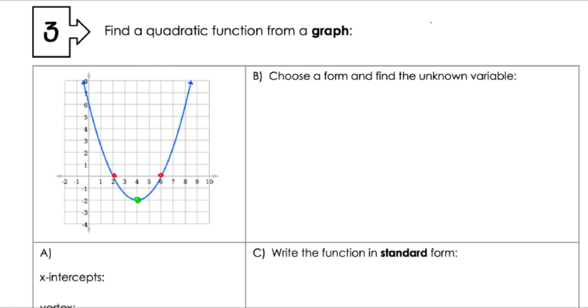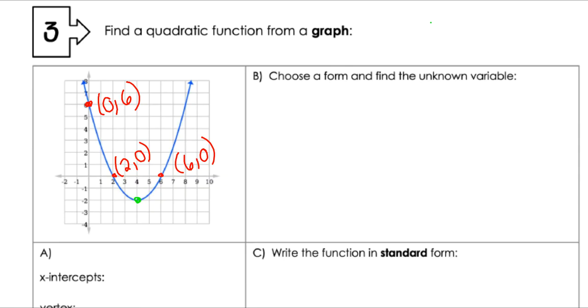So I need the intercepts, and then I need another point. So looking at my graph, it looks like I have another point, the y-intercept there. So I'm going to use this point, which is at (0, 6), and these two x-intercepts, which are at (2, 0) and (6, 0), to help me solve this.